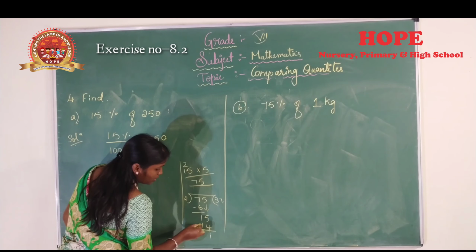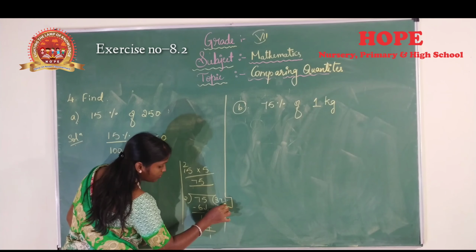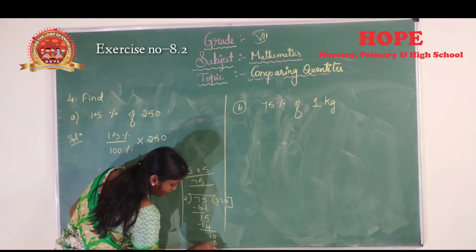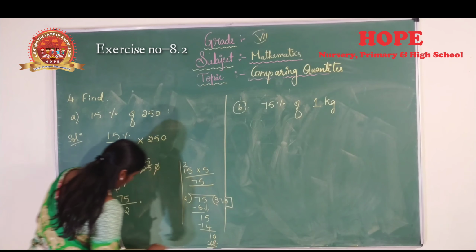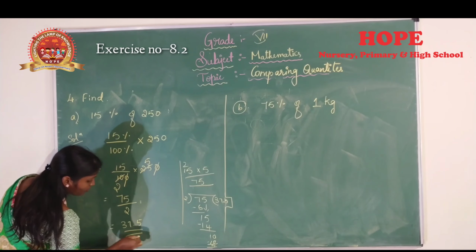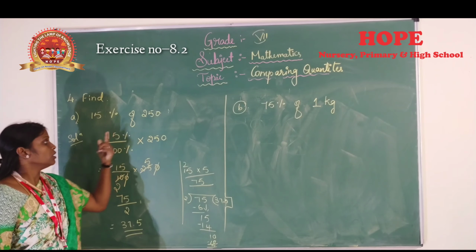We'll place a decimal. When we place a decimal, we are eligible of taking 1 0. So 2 5s is 10. The answer is 37.5.